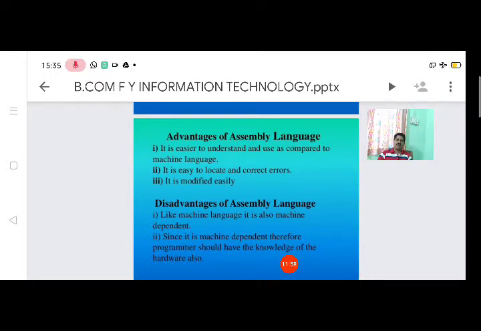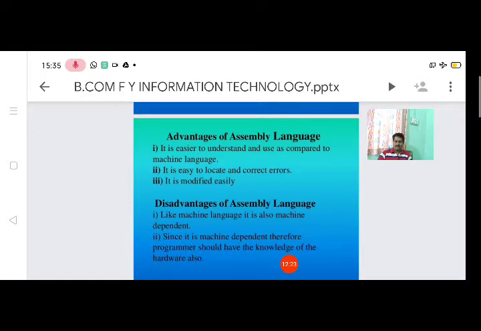Assembly language is also known as a symbolic programming language. This language is also very difficult and needs a lot of practice to master, because there is only a little English support in this language.